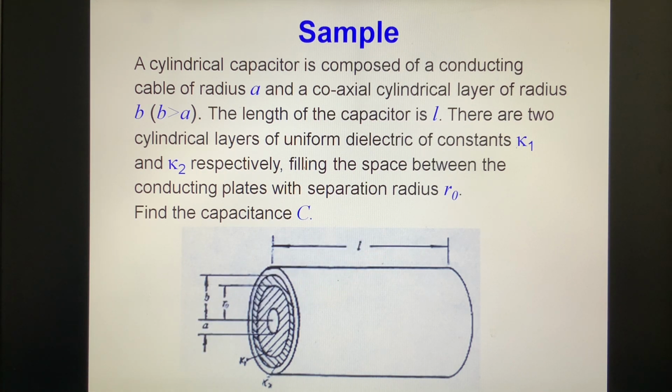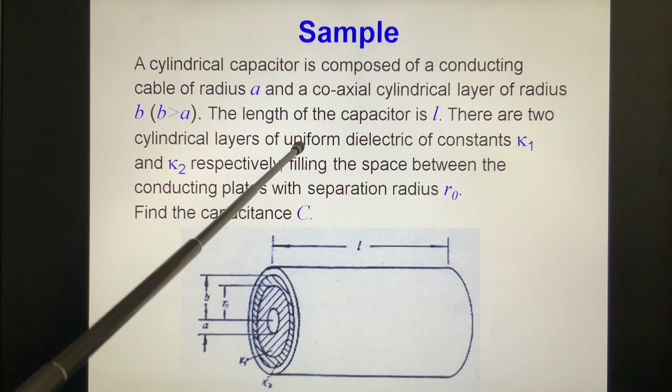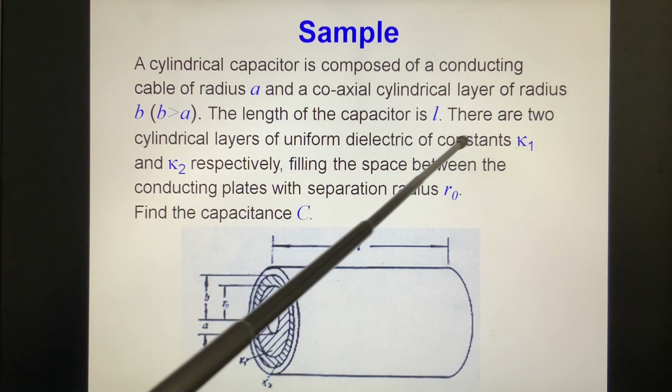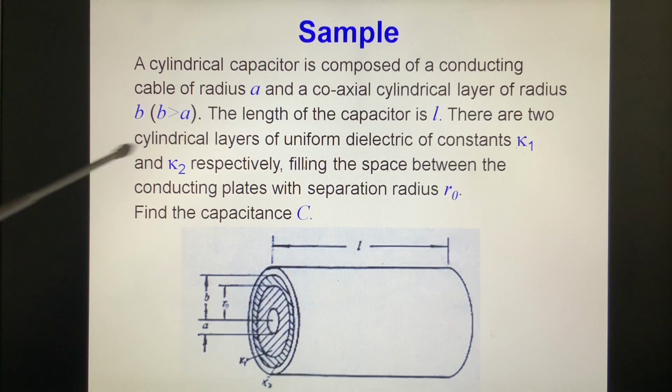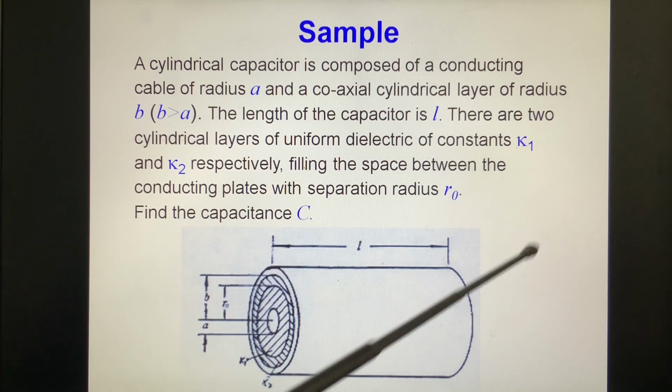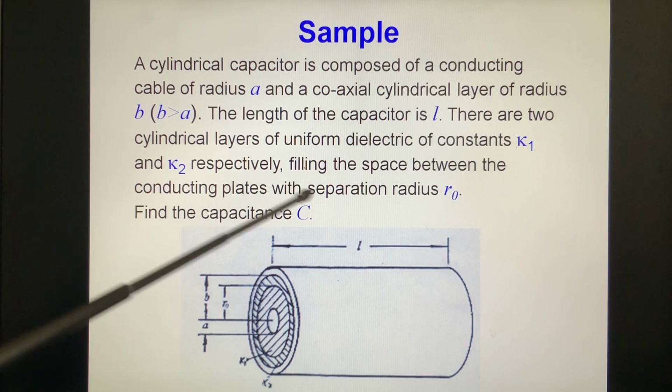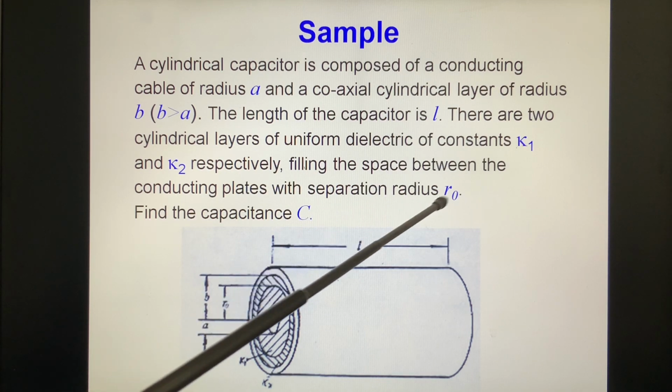The length of the capacitor is L, okay? There are two cylindrical layers of uniform dielectric of constants kappa 1 and kappa 2 respectively. Now, you have two cylinders with different kappa, filling the space between the conducting plates with a separation radius R0.